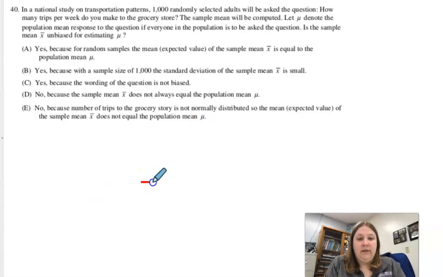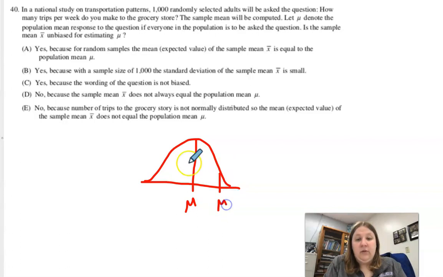Okay, so we talked about this like, if I end up with here's all of my X bars together, is the center of all those X bars actually mu? Or is mu actually somewhere over here or somewhere here? Okay, so if it's unbiased, mu is right at the center.